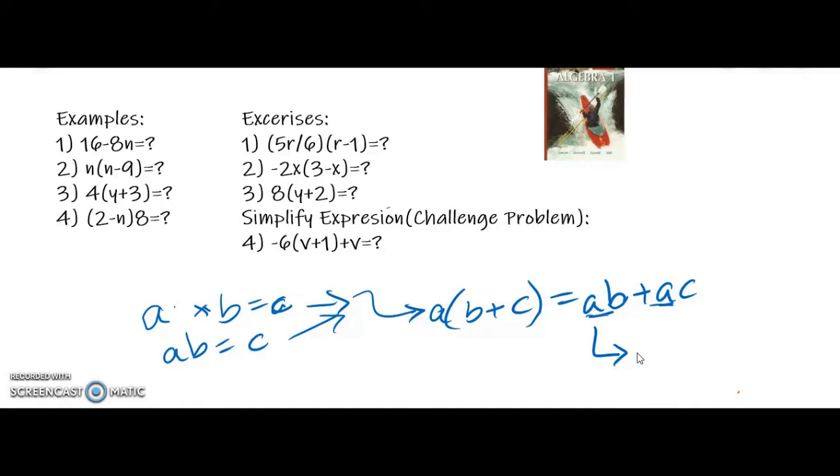You have a on both terms, so you can factor out a, and you're left with a times b plus c. So you have to master yourself going this way and this way, as this will prove to be very useful as you go on to the higher maths.